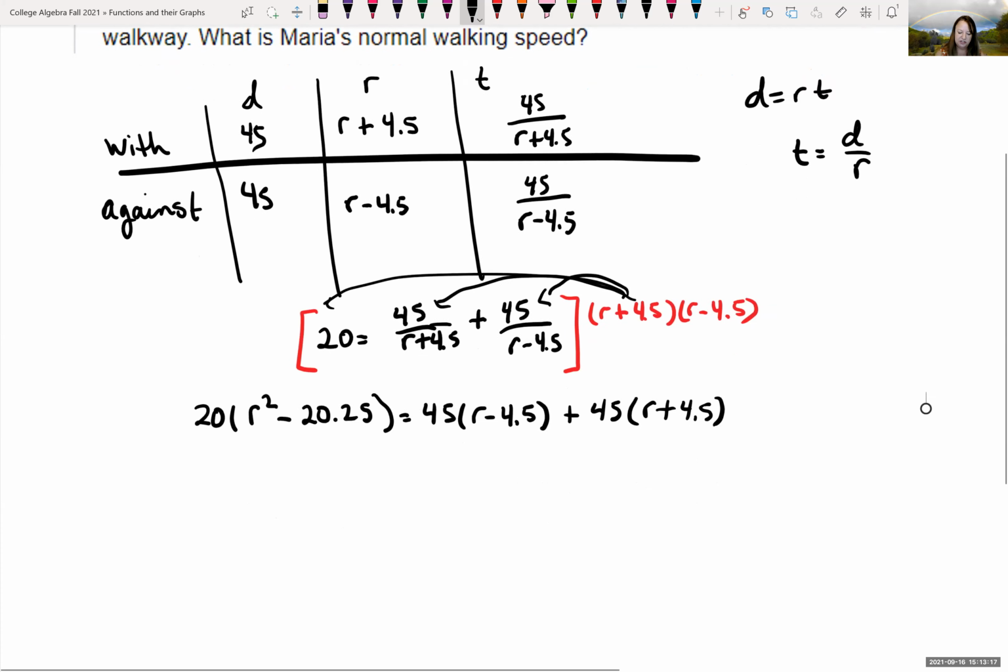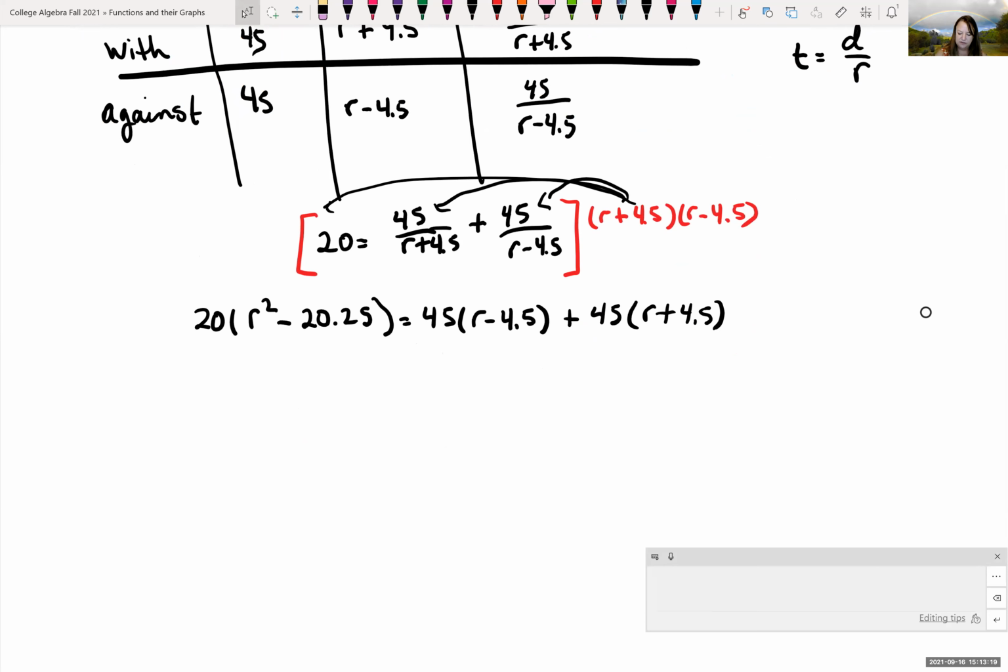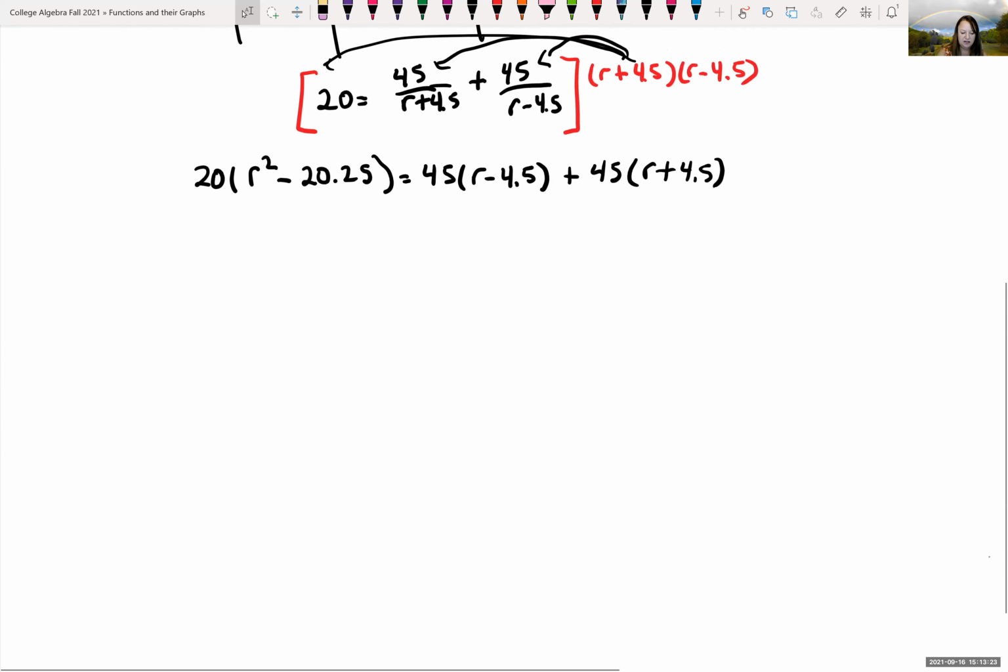So let's distribute and combine like terms. I'm going to move this up so we have some more room. And so distributing 20, we get 20r squared minus 20 times 20.25. That's going to give us 405, is equal to 45r minus, so 45 times 4.5.